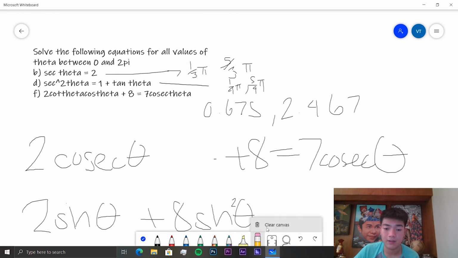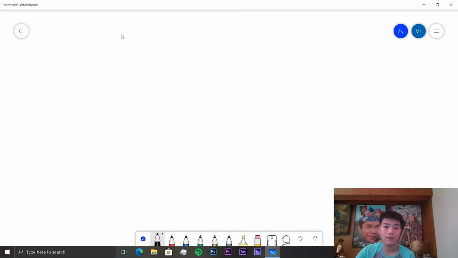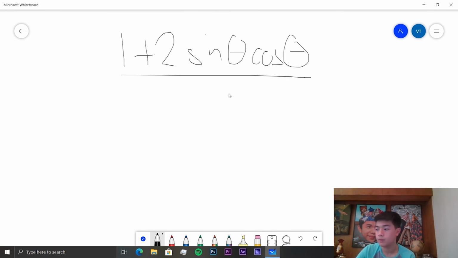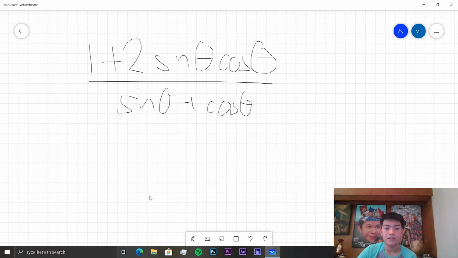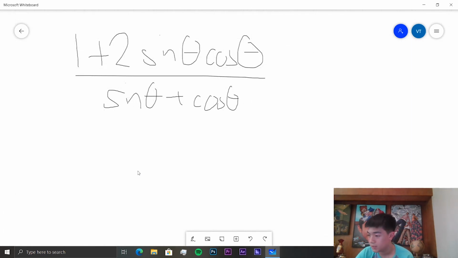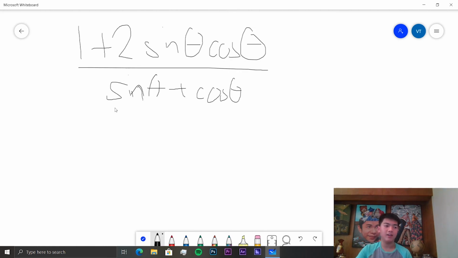Anyways, on to the final one. And the final one is to simplify 1 plus 2 sine theta cosine theta, all over sine theta plus cosine theta. Where would we start here? Oh, I understand now.